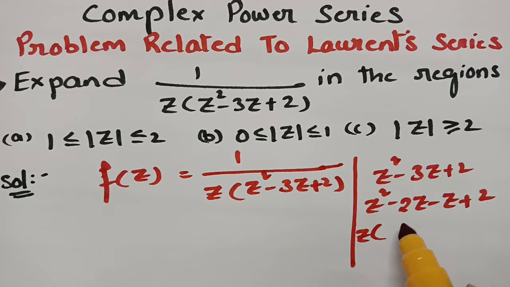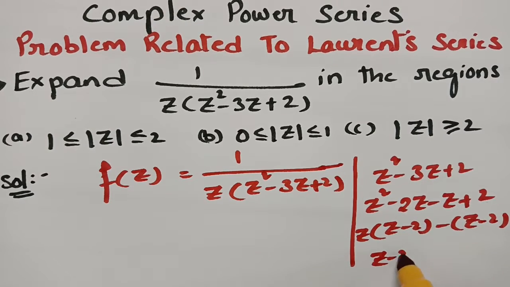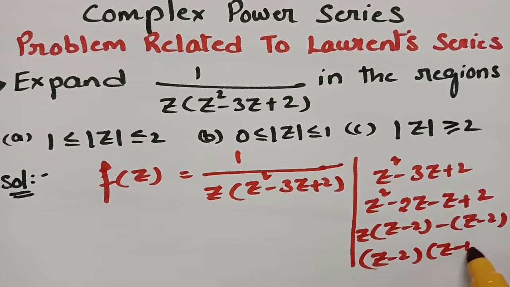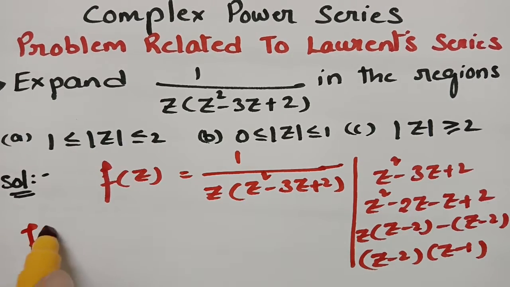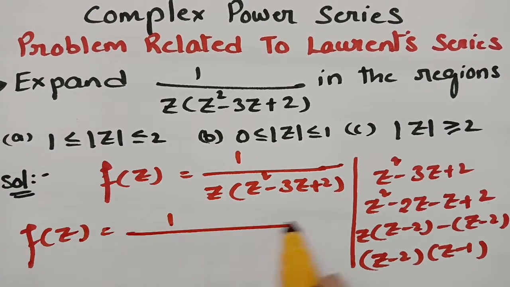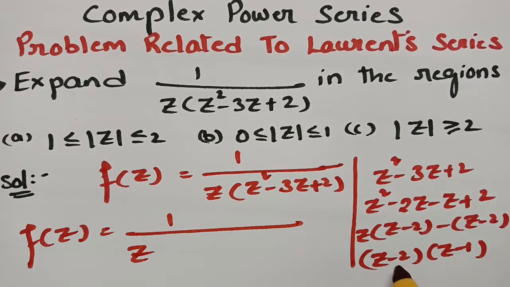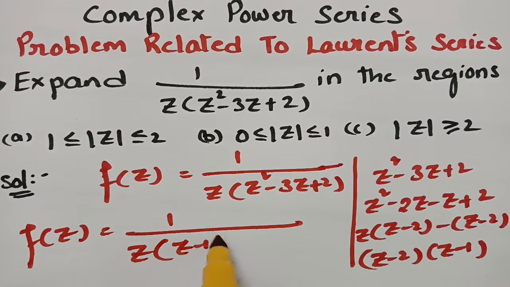If I take z common, this will be z minus 2. If I take minus common, this will be z minus 2. So if I take z minus 2 common, this will be z minus 1. Therefore, f of z is equal to 1 by z into z minus 1 into z minus 2.